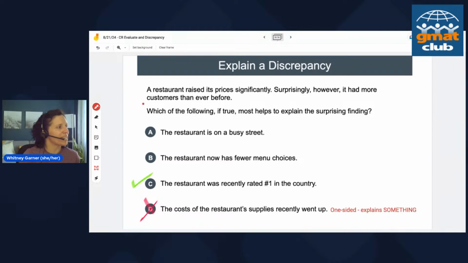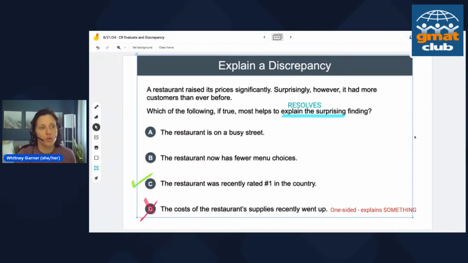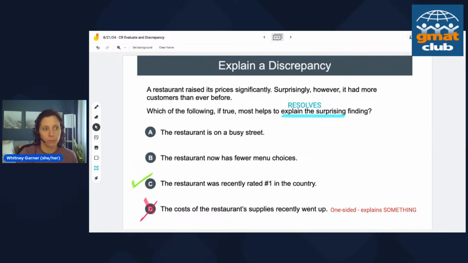So when you read explain a surprising finding, the more appropriate language would be, which of the following resolves the confusion of my poor little researcher? What would help their poor little noggin feel better? What about B? B is wrong, and there will almost always be wrong answers that heighten the surprise. They make the surprise worse.